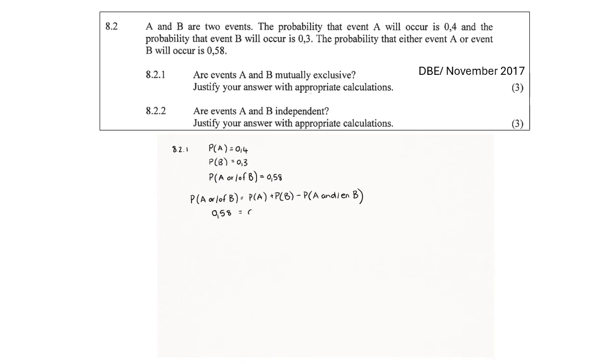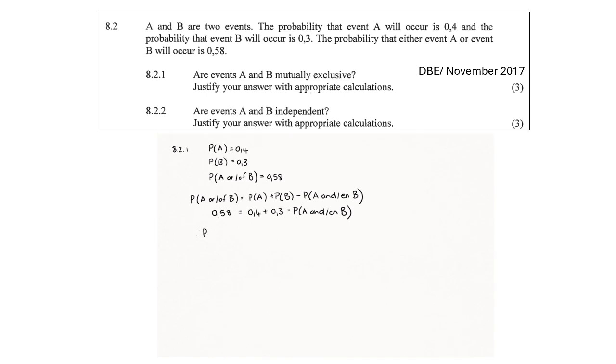The probability of A is 0.4 and the probability of B is 0.3. So we put all of these values into the equation and then we make the probability of A and B the subject of the equation.